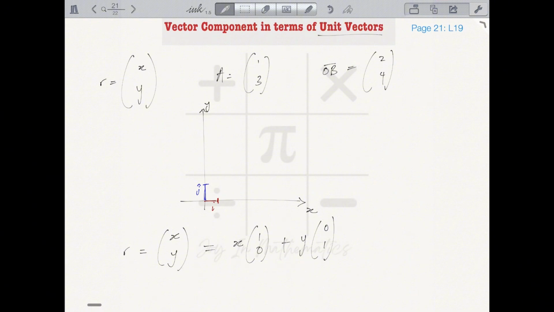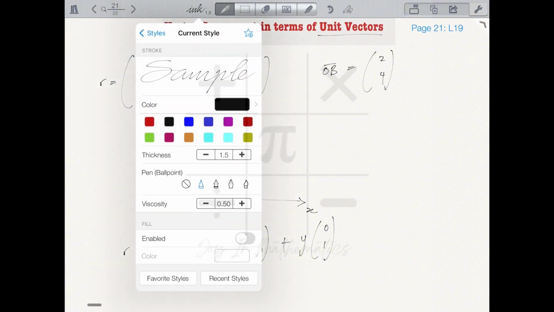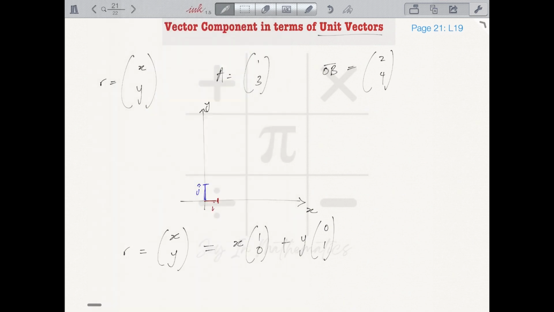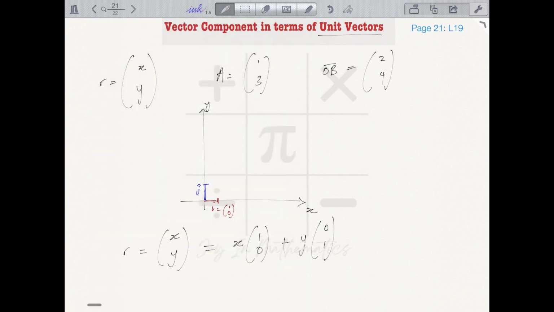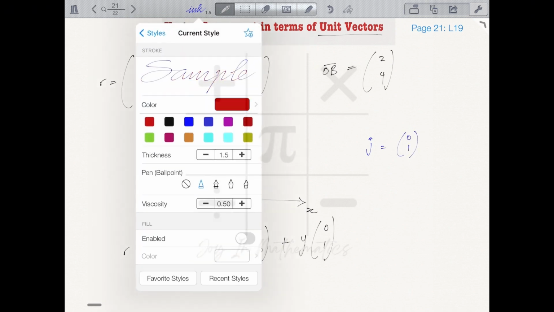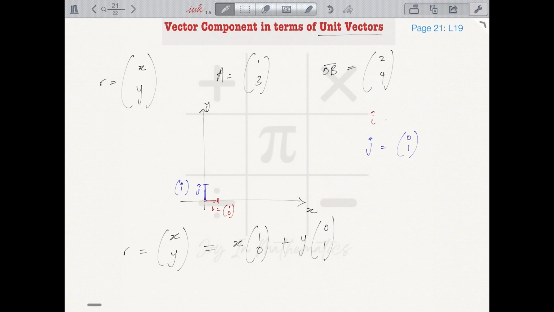Now (1, 0) is the unit vector represented on the x-axis, and (0, 1) is the unit vector represented on the y-axis.